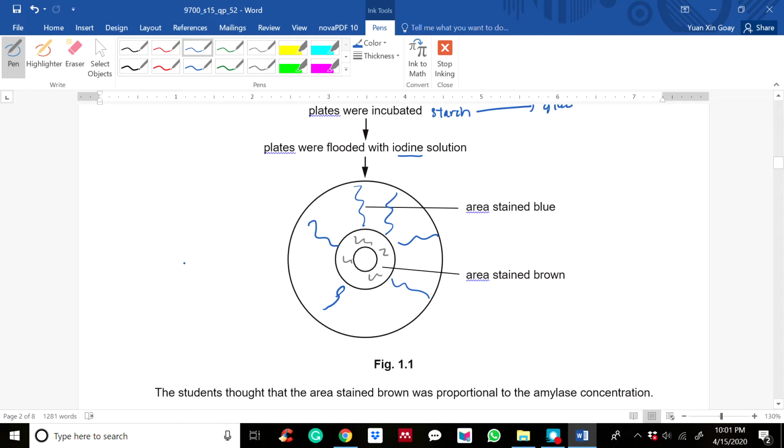So if it is yellowish brown, meaning that there is no starch. If the iodine solution changes to blue, meaning that is the presence of starch. So you can find starch here. And here it is where you will have maltose or glucose.